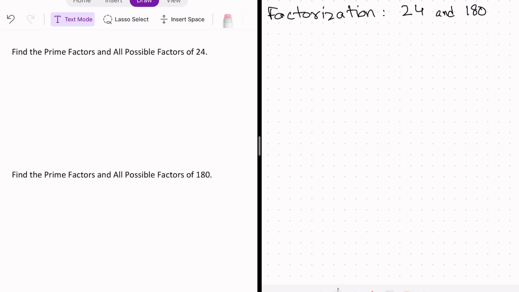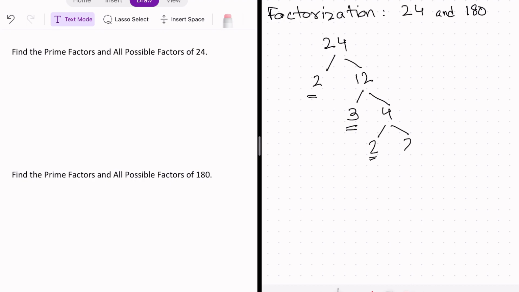Let's start with a small number first, 24. And the way we do our prime factors is 24 divided by 2. 2 is a prime number, so we can't divide this any further. 12 can be divided into 3 and 4. 3 is a prime number, so it can't be divided anymore. 4 leads to 2 and 2.